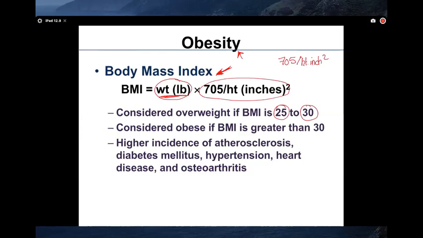Or if you are familiar with the metric system, it's your body weight in kilograms divided by your height in meters squared. So kilogram over meter squared.